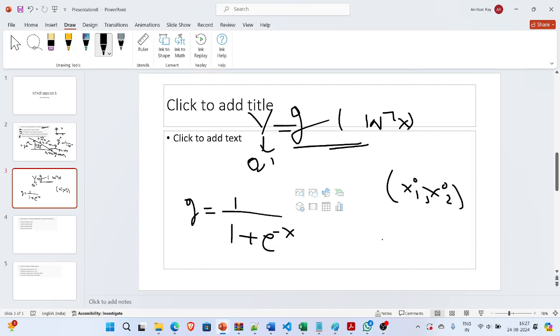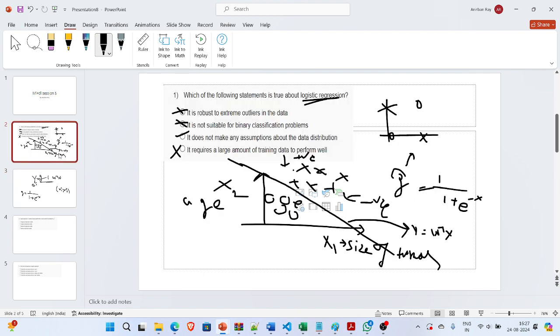Now I need to test whether this person belongs to the cancer group or non-cancer group. So what can happen? Let's see. If it goes away from this line, then w transpose x will be greater than 0, right?